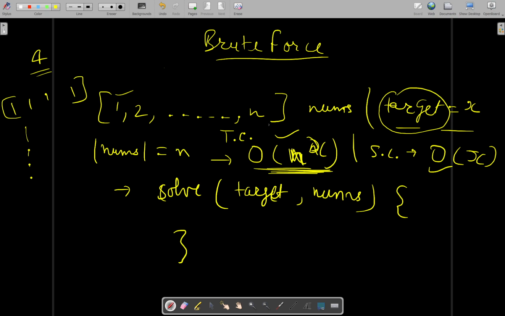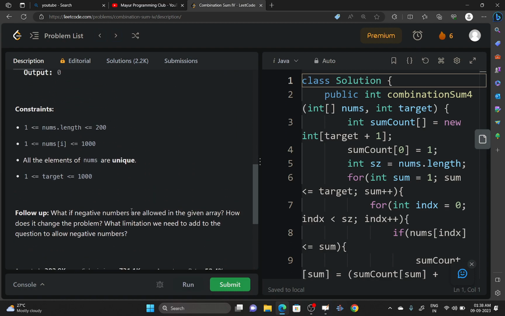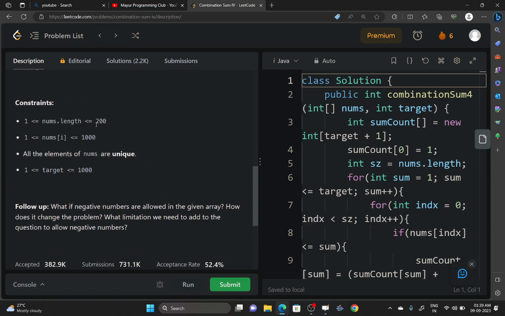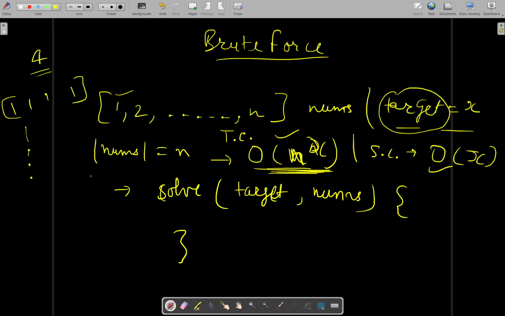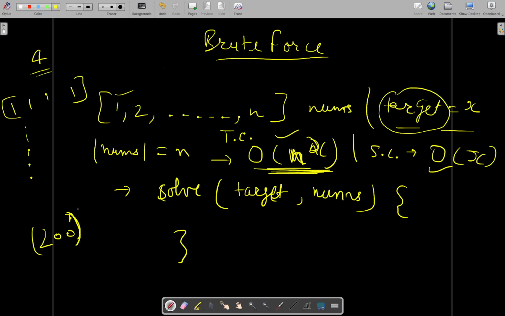So n here is of order 200, as you can see, and the target is 1000.